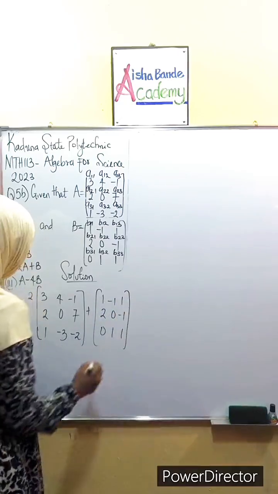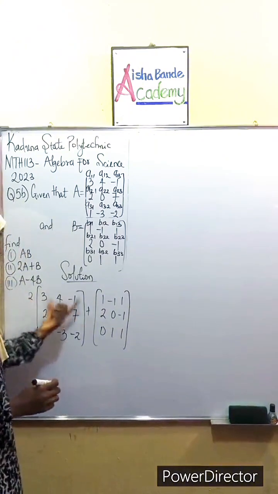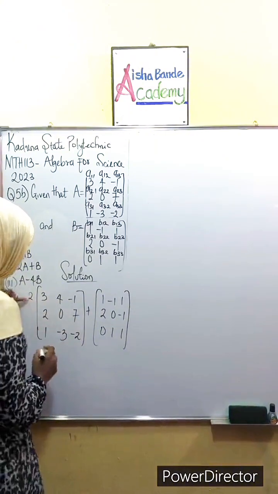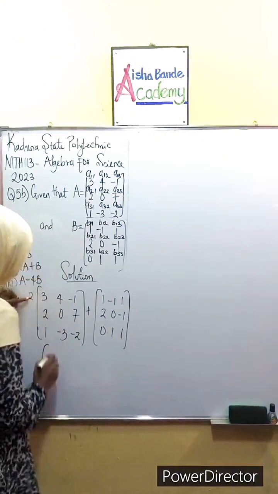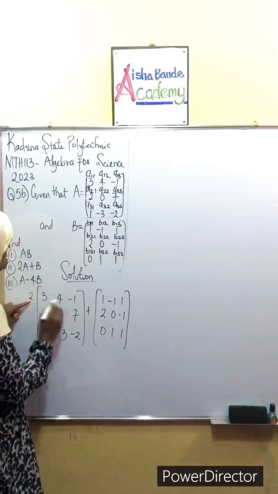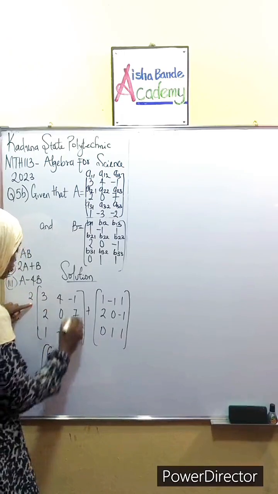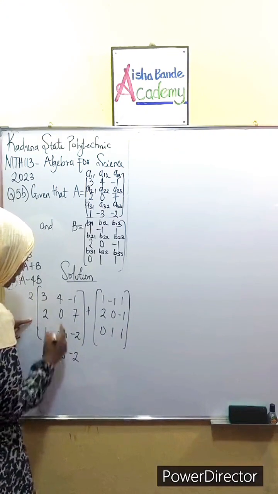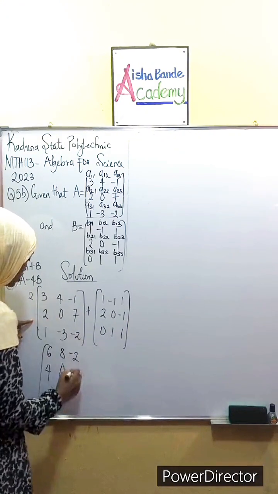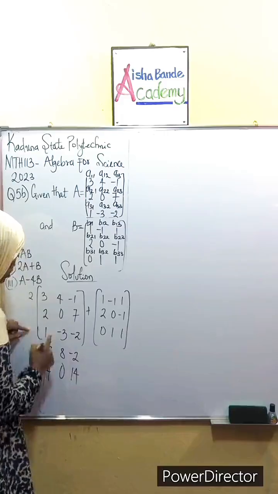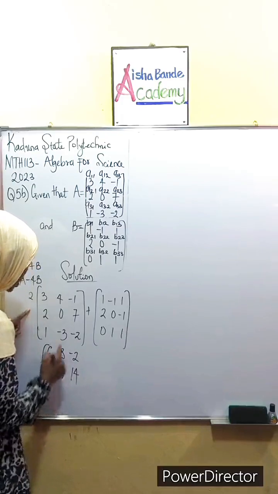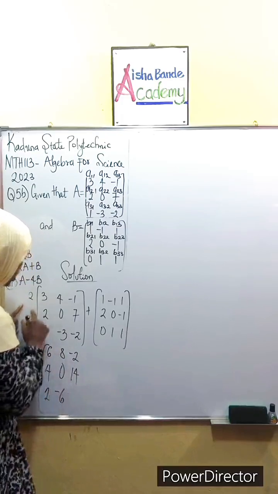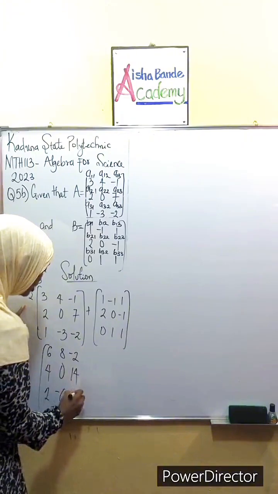So let's simplify this. The 2 here we are going to multiply by each element in this matrix. So this matrix now changes to 2 times 3 here is 6, 2 times 4, 8, 2 times minus 1, minus 2, 2 times 2, 4, 2 times 0, 0, 2 times 7 here, 14, 2 times 1, 2, 2 times minus 3, minus 6, then 2 times minus 2 here is minus 4.